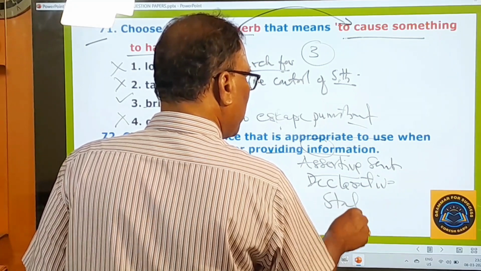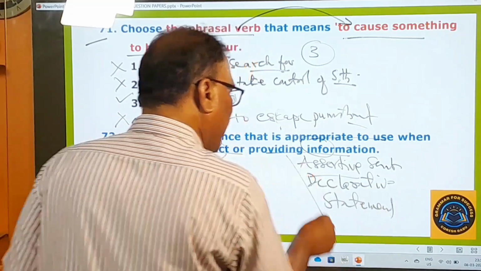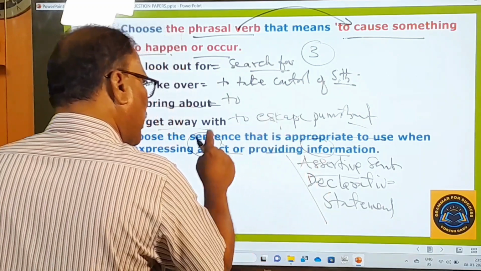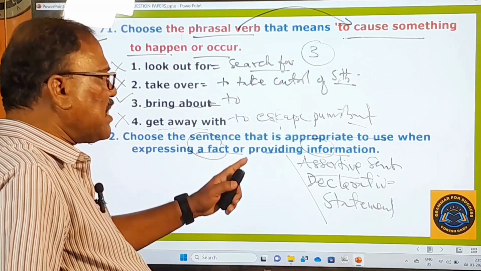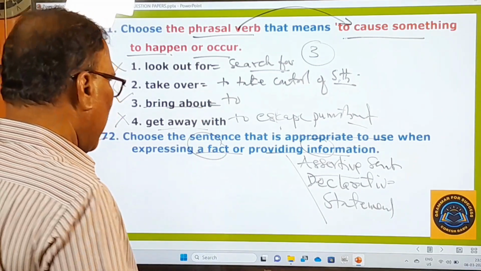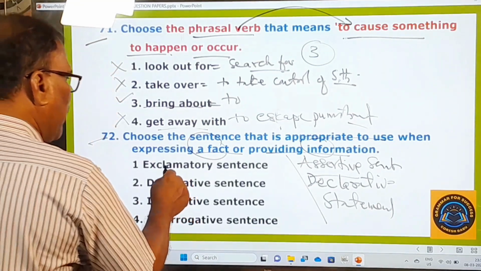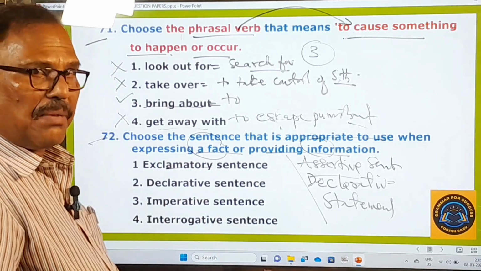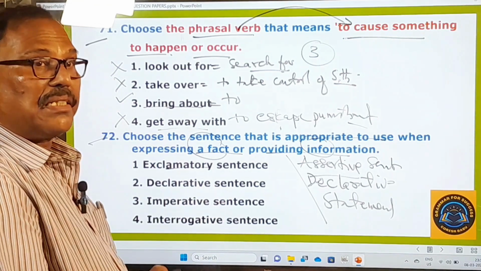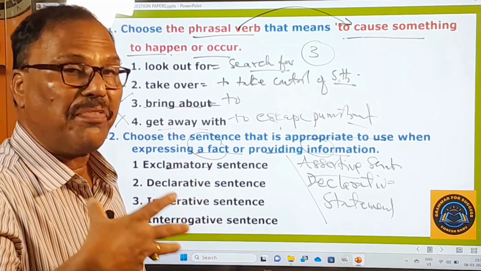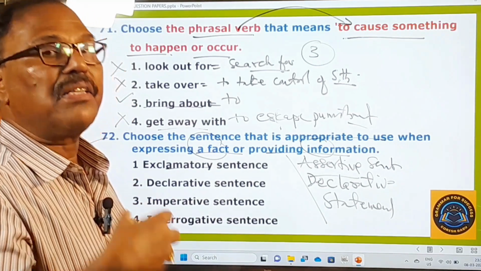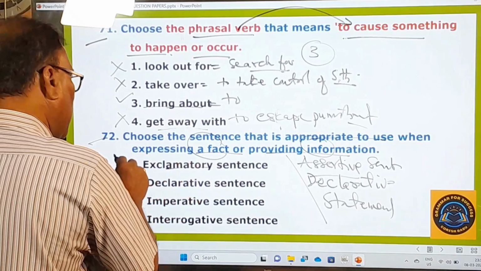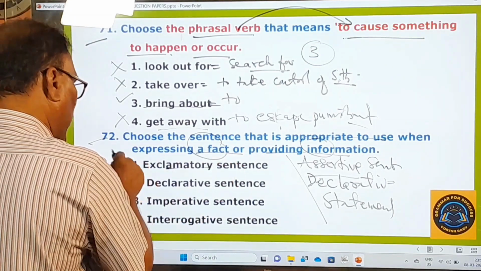or a statement. With any one of these names, you can call this sentence which expresses a fact or which provides information. Now let us look at the options. Exclamatory sentence. You know very well about this. Any sentence that expresses some sudden strong feeling of joy, sorrow, pain, fear is called an exclamatory sentence, and therefore this is not right.